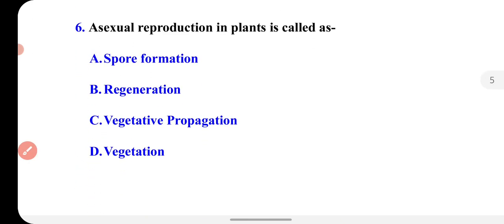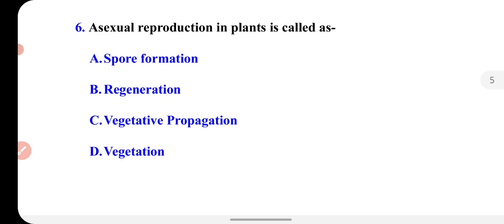Now the next question is: asexual reproduction in plants is called spore formation, regeneration, vegetative propagation, or vegetation? You know that plants can also reproduce by the asexual mode of reproduction. So what is it called? Spore formation, regeneration, vegetative propagation?